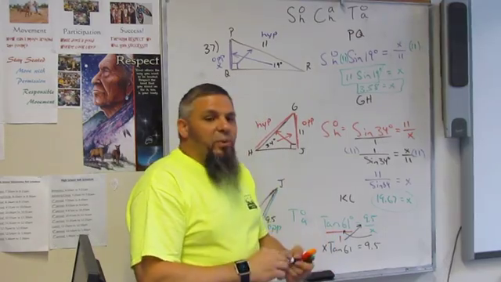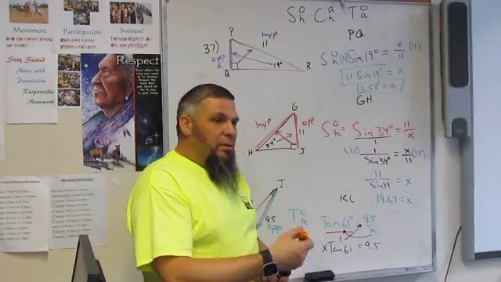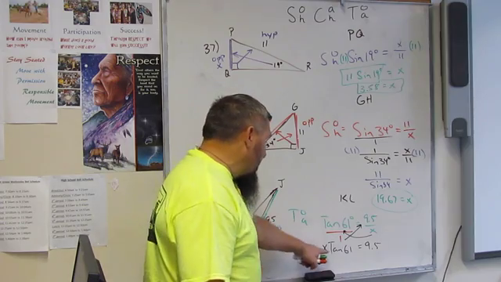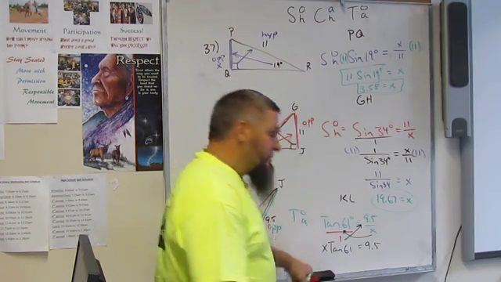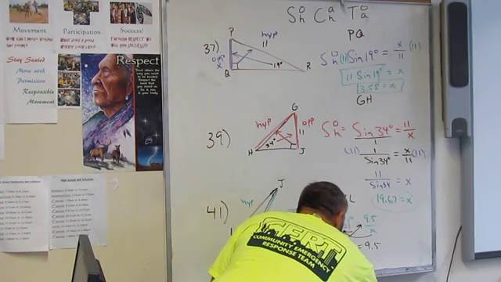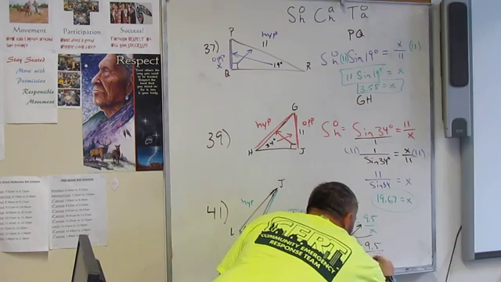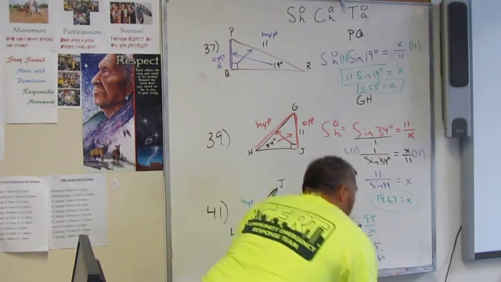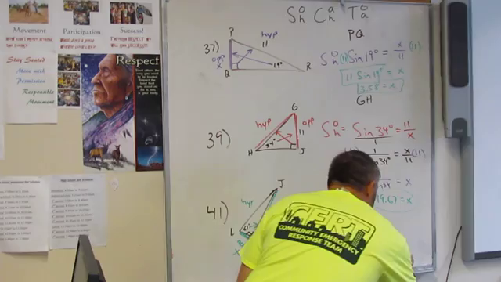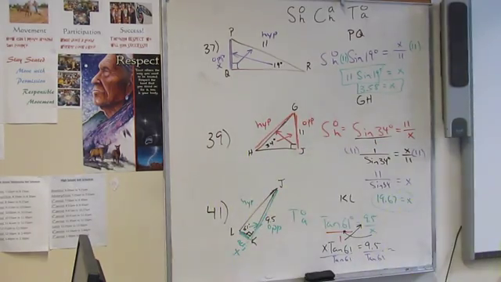Okay? Then what? How do I get x alone? Divide by tangent 61. Right? And then I just plug that into my calculator. 9.5 divided by tangent 61. 5.26. 5.27.